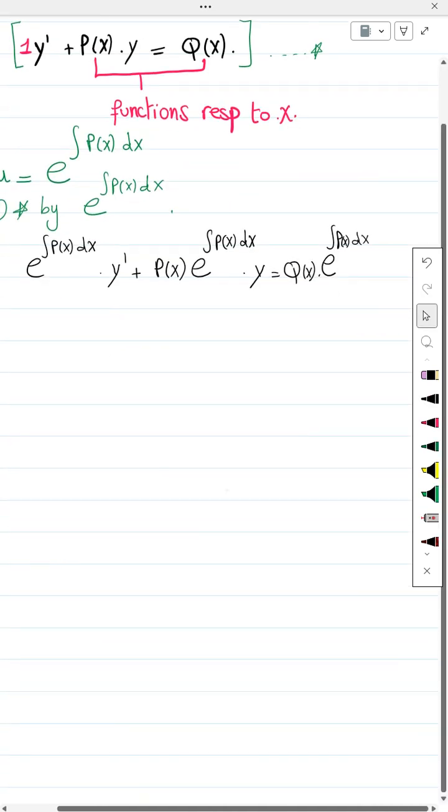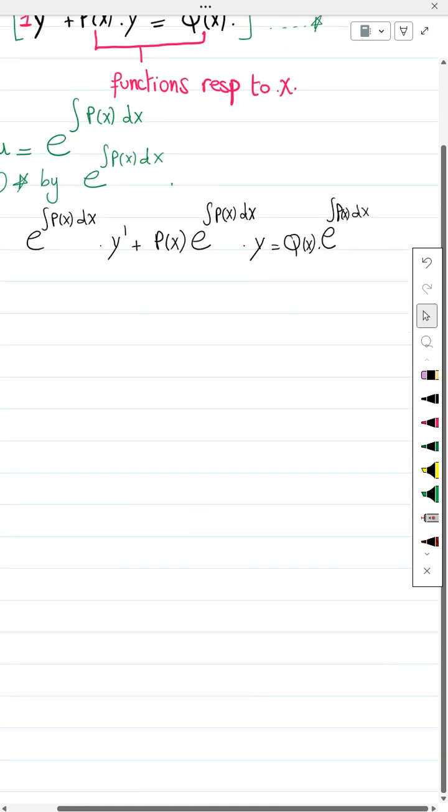Now we have obtained something. So this is going to be u times y prime plus something times y equal to q(x) times u.